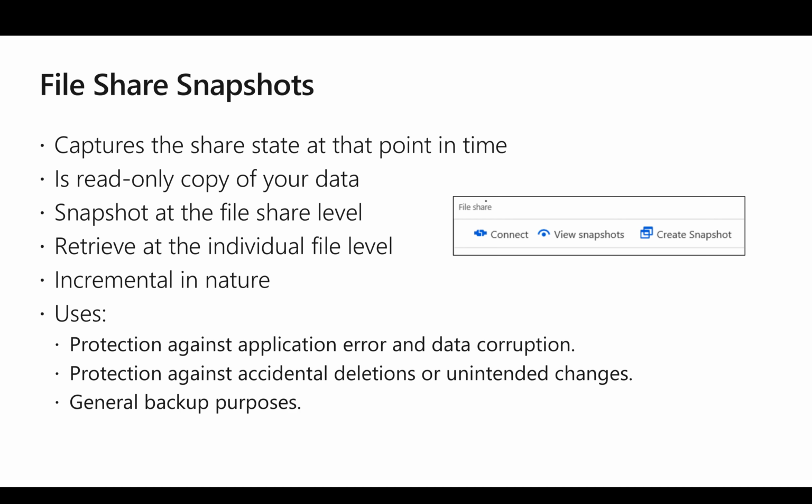Whatever delta files are there, we can take a copy of only those. Some of the uses of the snapshot: let's say there is an application corruption or error, and you want to go back to a particular instance of time, this capability will be very helpful. Or in case some deletion happened and you want to revert that, we can do that, or for general backup purposes as well.